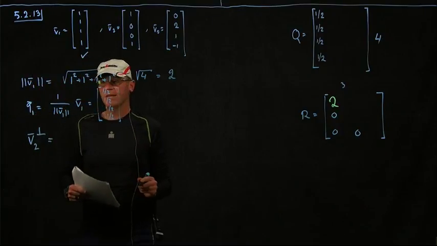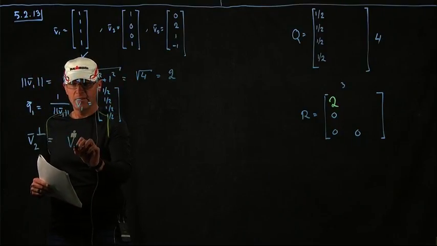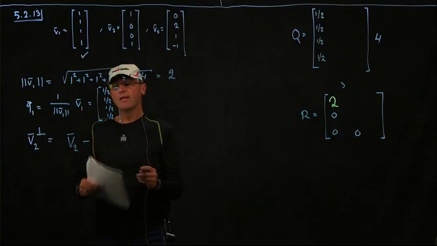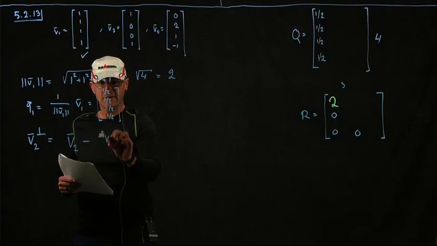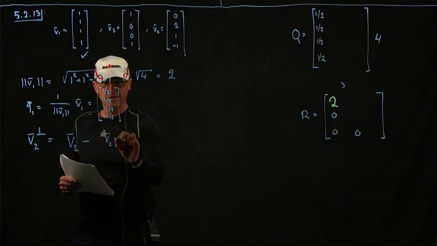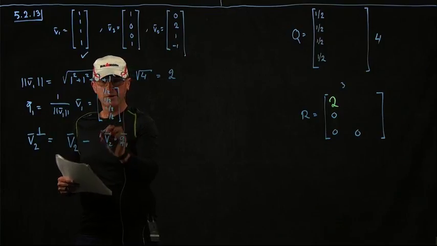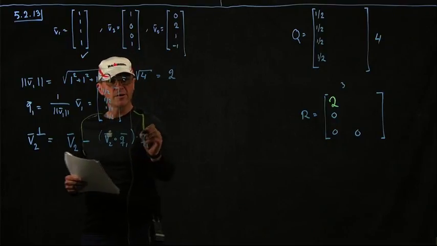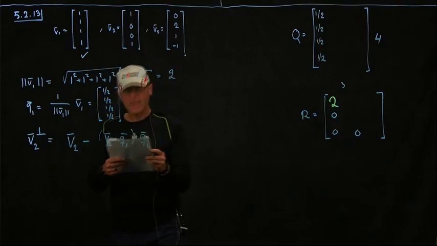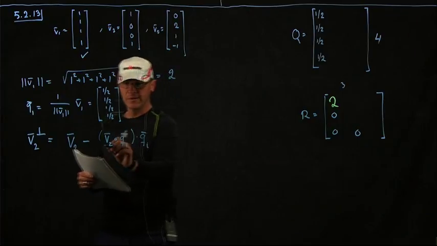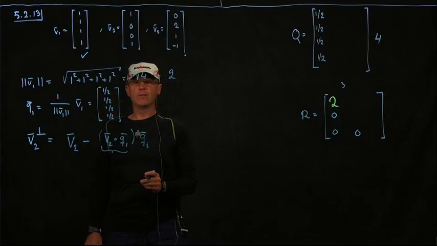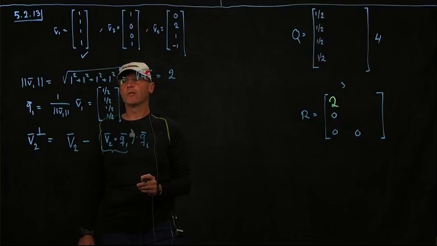So we take the vector itself, and we subtract the action of V2 in the direction of Q1. So we project onto Q1. That means we have to compute this dot product, V2 dot Q1.